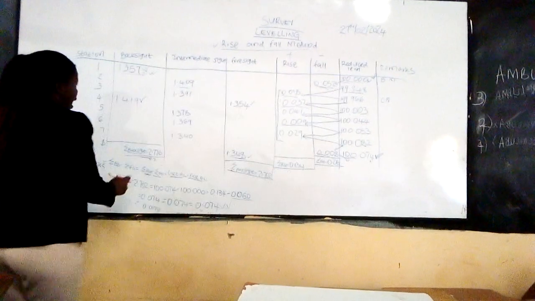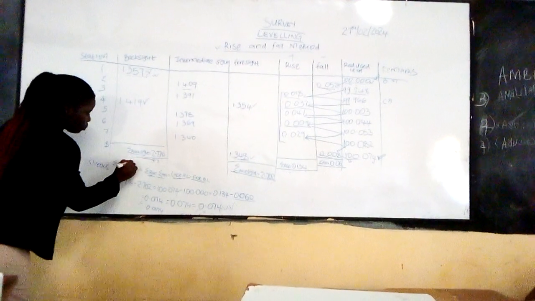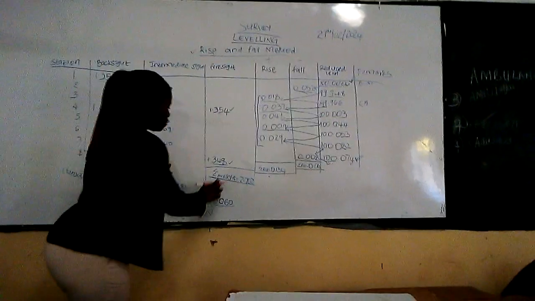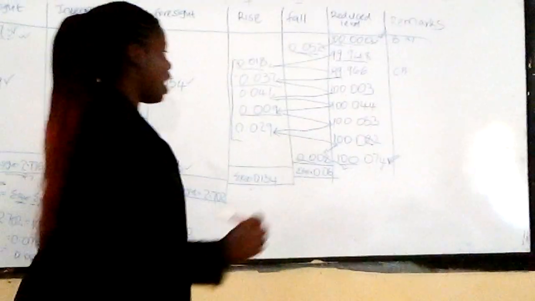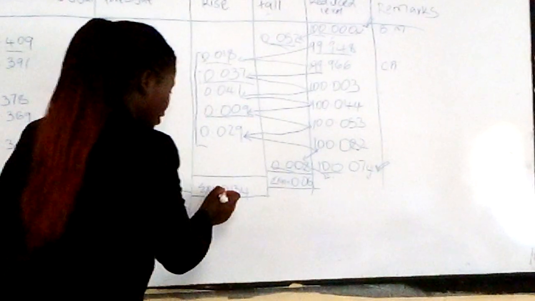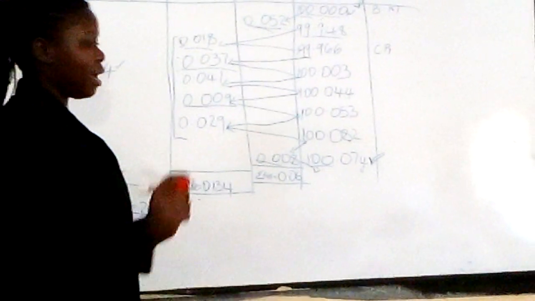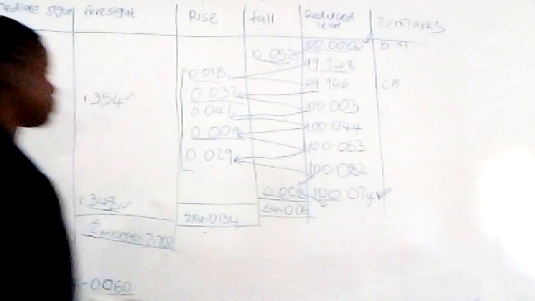So, after adding the back side, we got 2.776. Then after adding our foresight, we got 2.702. And after adding our rise, we got 0.134. And after adding our fall column, we got 0.06.